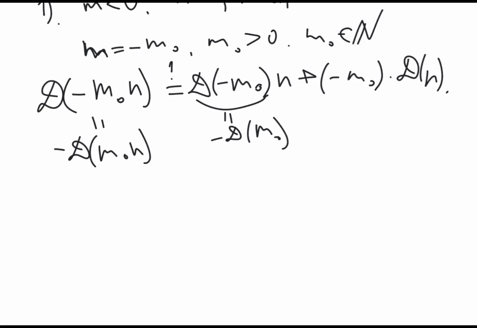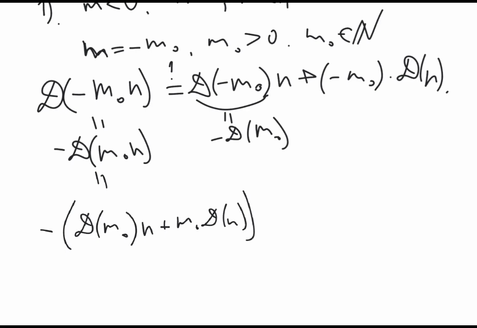If we simplify this equality, we can expand this using the product rule for natural numbers, the product rule for positive numbers. So this would be minus, and then we write d of m0 n plus m0 d of n.